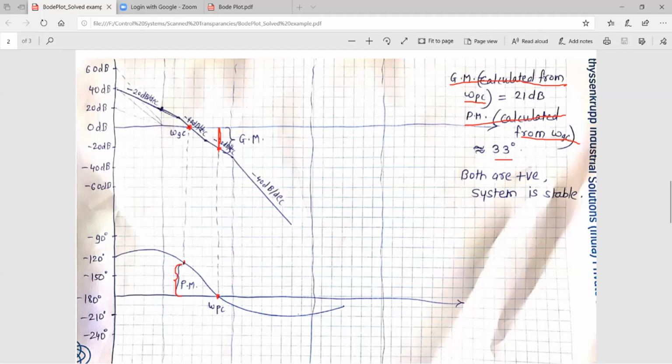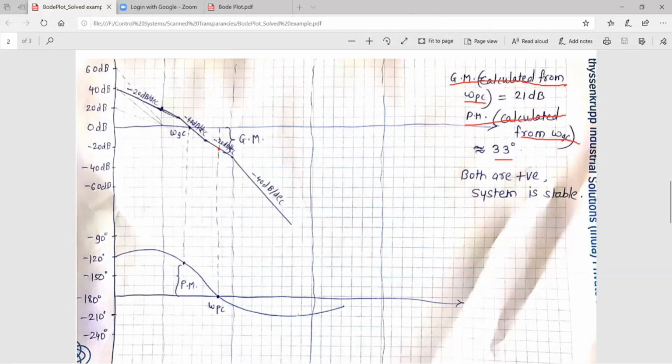Now you might have a question: how can we say that both are positive? Just take a look at this one. Let me just erase. Now here, what is this point?